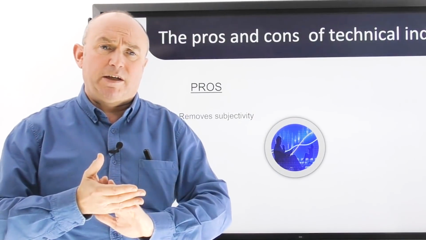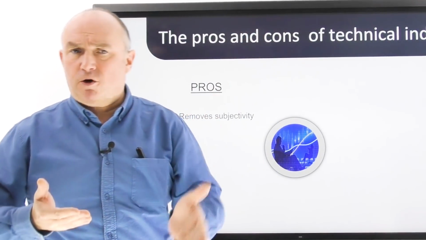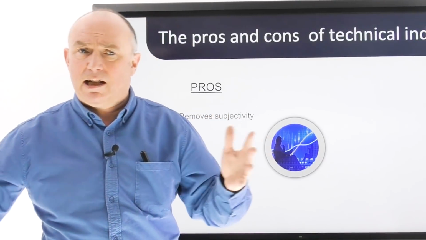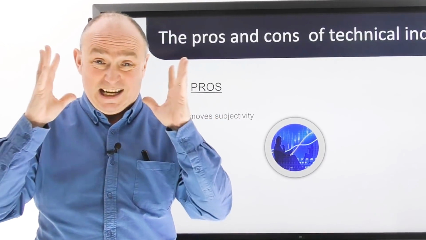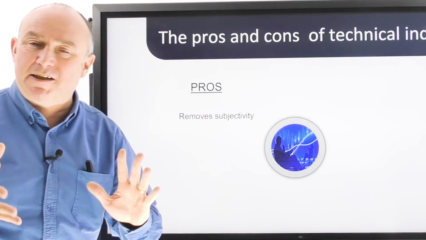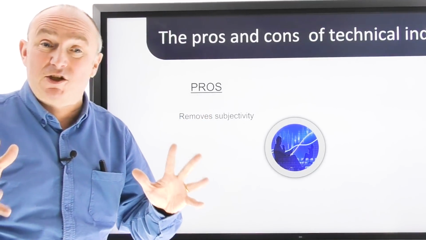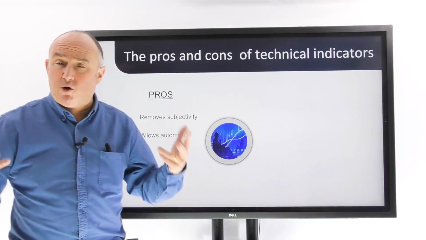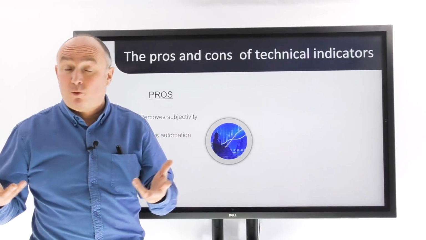You may say, I want to see the 10 moving average cross over the 20 moving average. That gives me an indication that I want to buy or sell or whatever. So you can actually write these rules of engagement down using these technical indicators. When something happens to an indicator, you will do that. It allows automation as well. A lot of traders have strategies that they have automated.